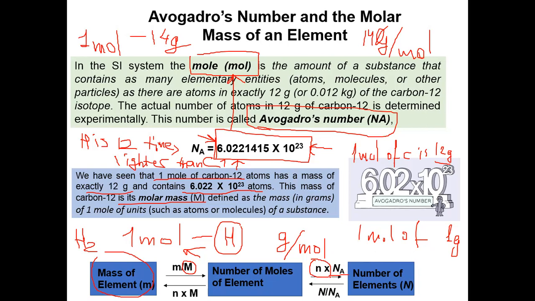To go back from the number of atoms to the number of moles, we need to divide by Avogadro's number. And if we want to go further to find the mass of the element, we need to multiply the molar mass by the number of moles.